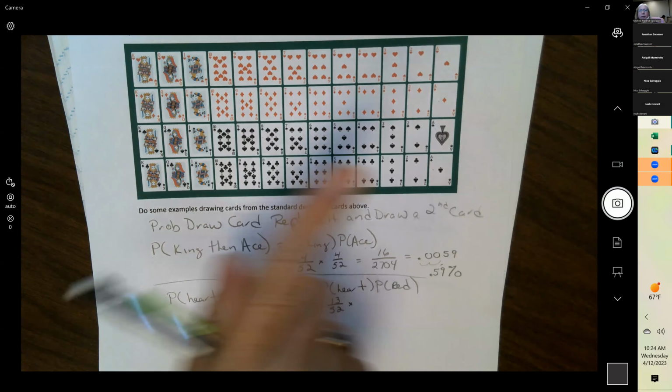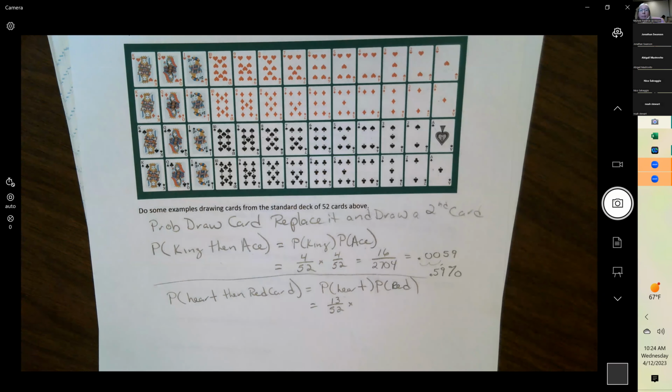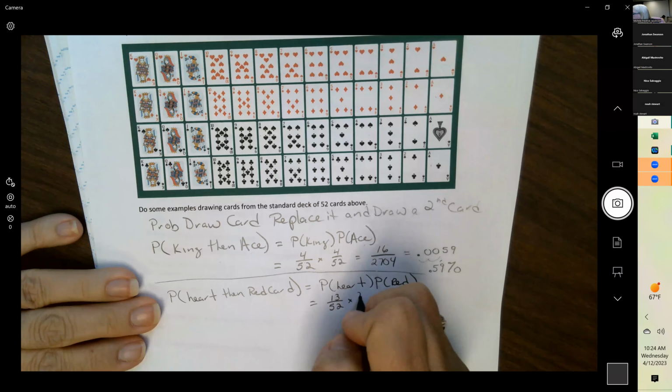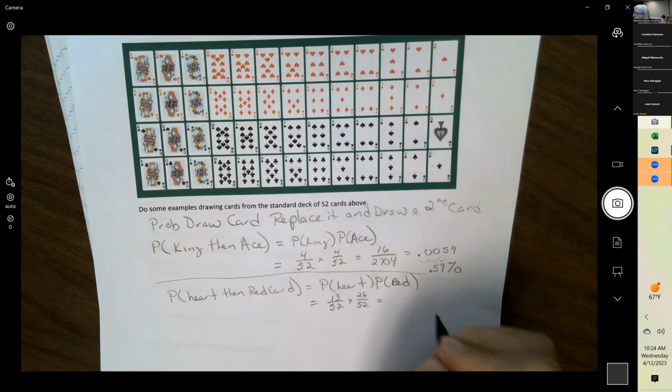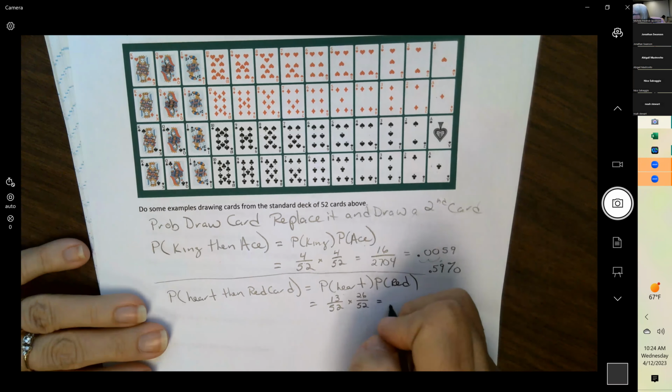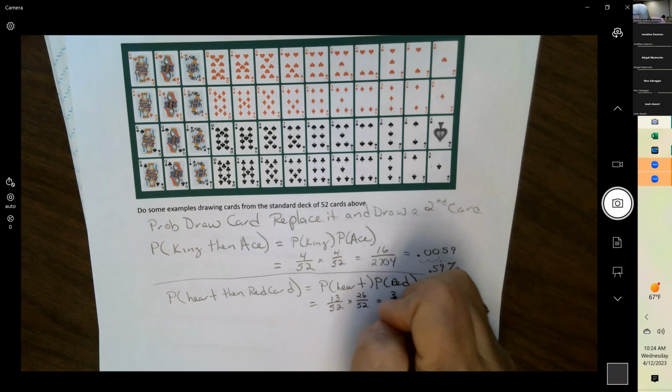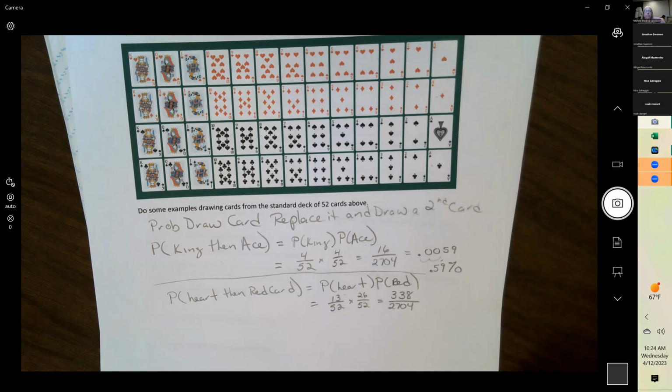Red is half the cards, so you could use 1/2, or 26 out of the 52. Any questions on those?